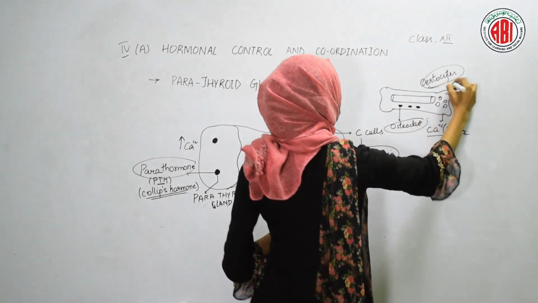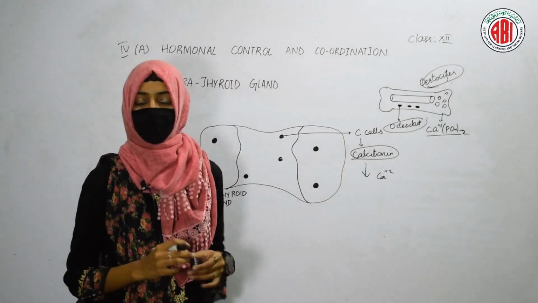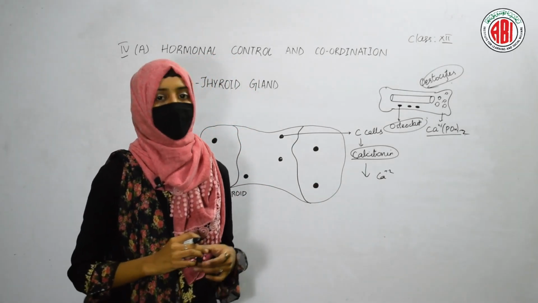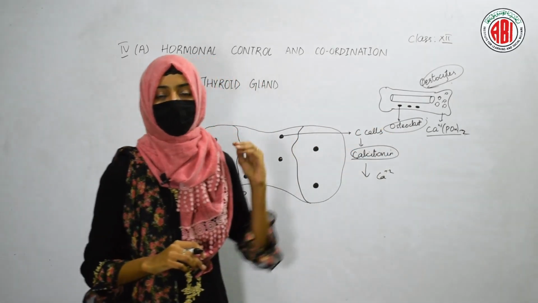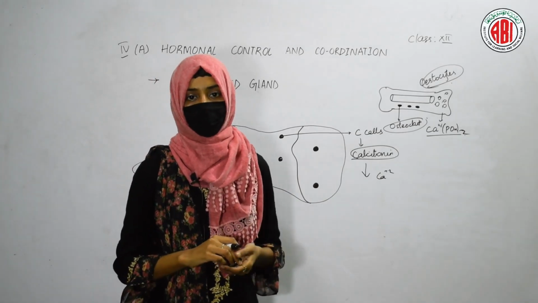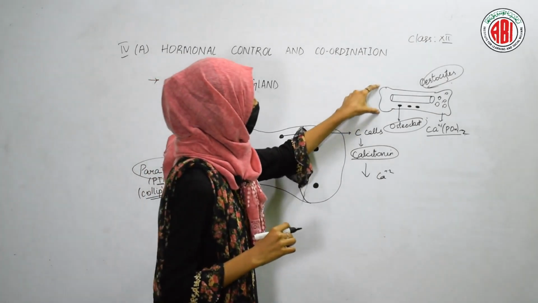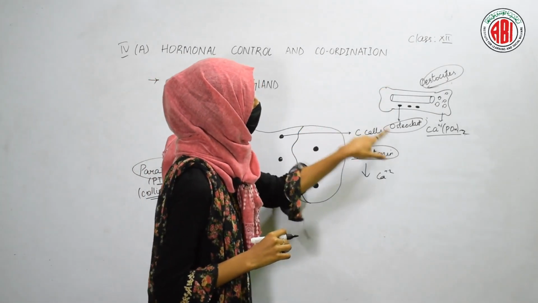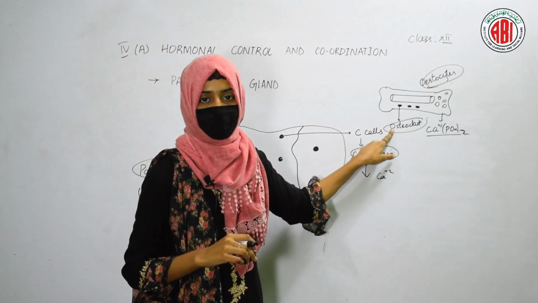Osteocytes are the cells that are responsible for the formation of bone. They play a major role in the formation of bone, but osteoclasts are the cells that function to break the bone. They break the bone. They eat up the bone. So the bone has its shape because of the presence of osteoclasts.